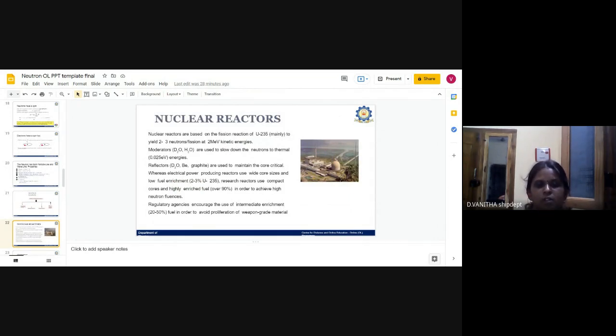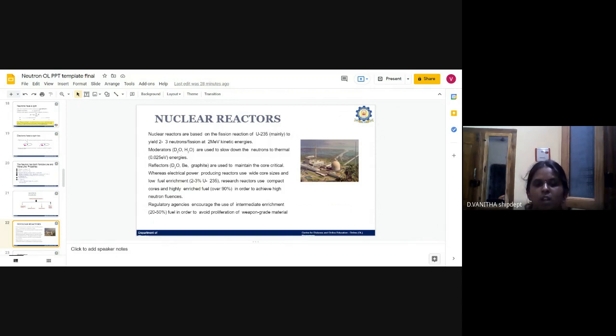Next, the nuclear reactor. In nuclear reactors, the neutrons are very useful. Nuclear reactors are based on the principle of fission, using heavy elements like uranium 235.